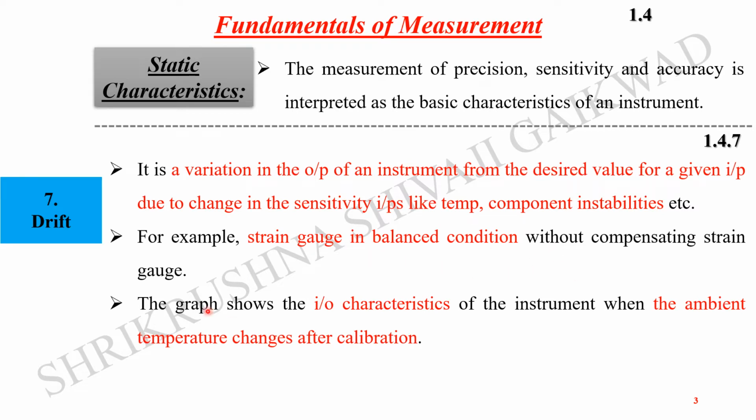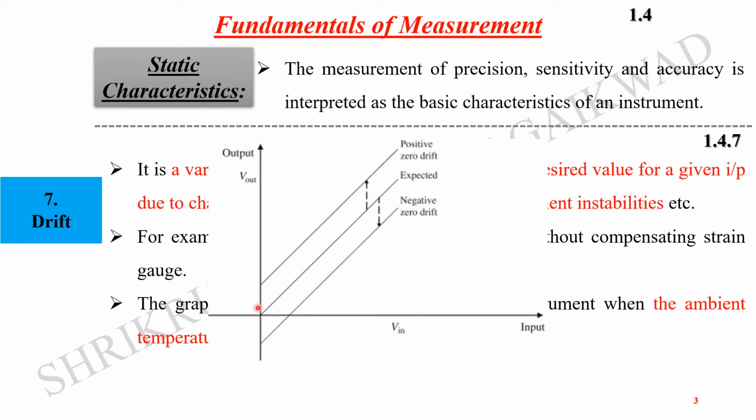Now the graph shows the input output characteristic of the instrument when the ambient temperature changes after calibration. If we measure the graph initially, we expect it like this, but when we turn on the instrument, sometimes we get the result like this.